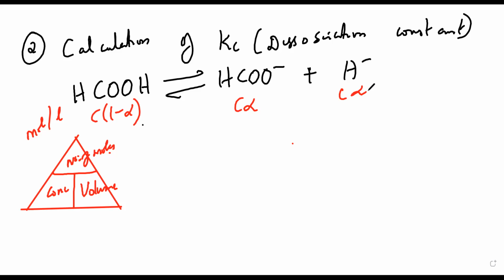But what I have to find out is the dissociation constant. Dissociation constant is nothing but C alpha square by 1 minus alpha. Correct? But alpha I already got. What is the value? 0.114. And what about this C value?